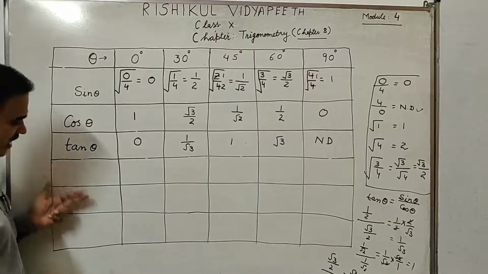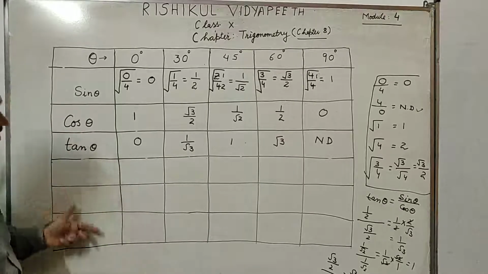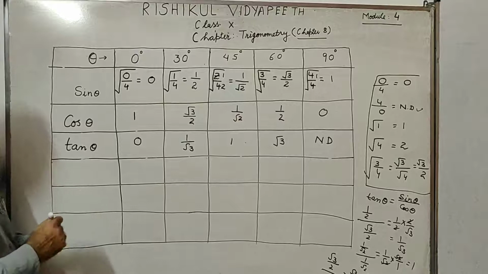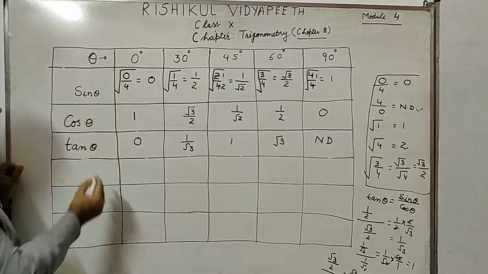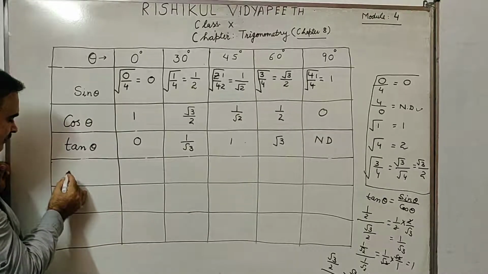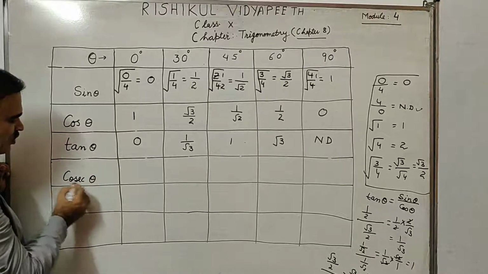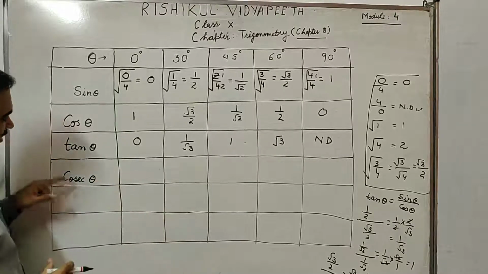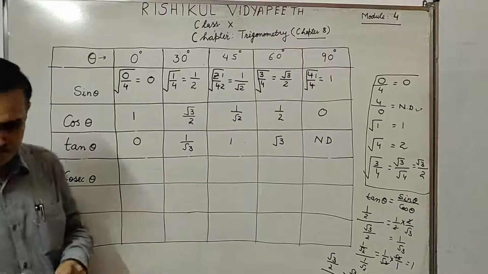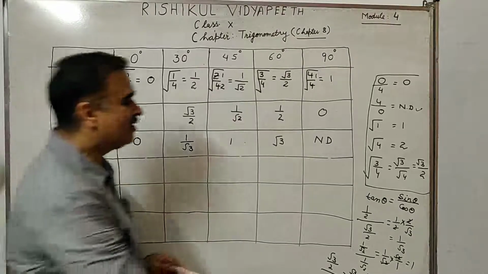Now we have 3 t ratios more. One is cosec theta or cosecant theta. Cosec theta is the short form, cosecant becomes cosec.